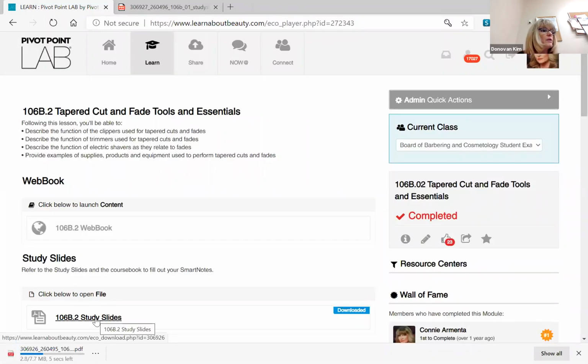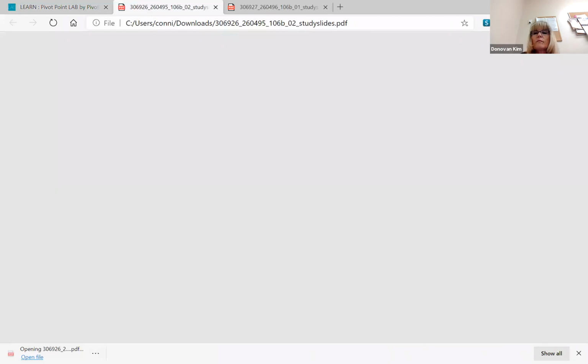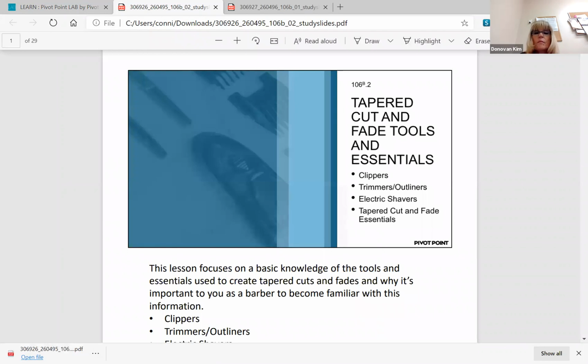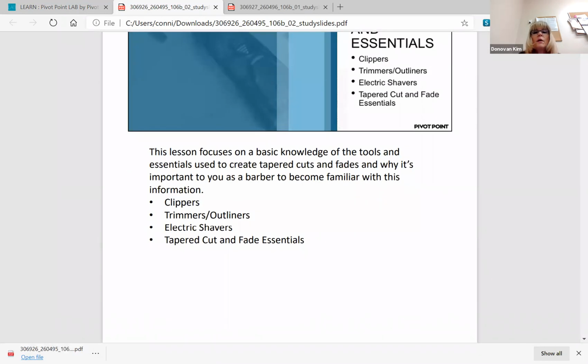Okay, so now we're going to go into tools and essentials and how they would be usable. It's really important for you to become familiar with clippers, trimmers, electric shavers, taper cuts, and fades, right?